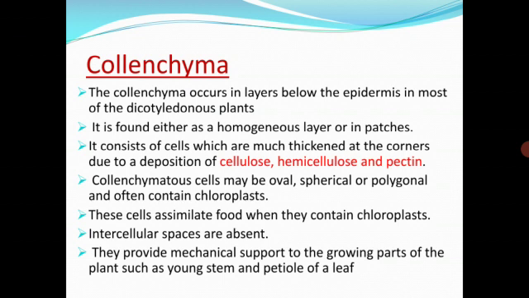It consists of cells which are much thickened at corners due to the deposition of cellulose, hemicellulose, and pectin. Collenchymatous cells may be oval, spherical, or polygonal and often contain chloroplasts. These cells assimilate food when they contain chloroplasts. Intercellular spaces are absent in these because the cells are closely packed.